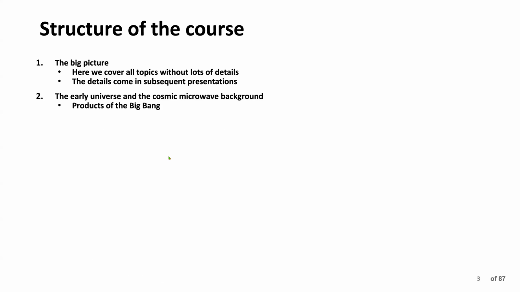The second lecture, next week, we're going to talk about the early universe, which includes the beginning, the Big Bang, and something that we will talk about a lot, the cosmic microwave background, which is the oldest light that we see from the universe, and it's been a revelation. Once the space-based observation of the cosmic microwave background, the CMB, was available, there was an explosion in understanding of the cosmos.